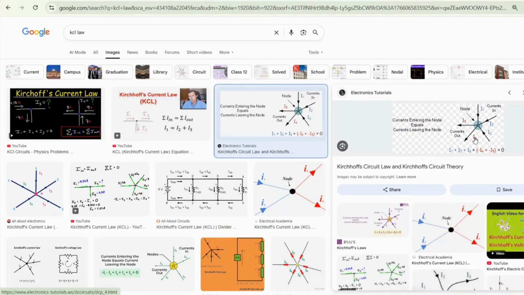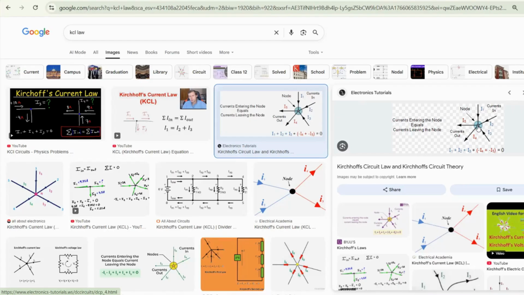But are all 5 currents entering this node or leaving from the node? Few of them are entering the node, and the remaining are leaving the node, moving out. Here you can see I1, I2, I3 are entering this center node, incoming to this node.